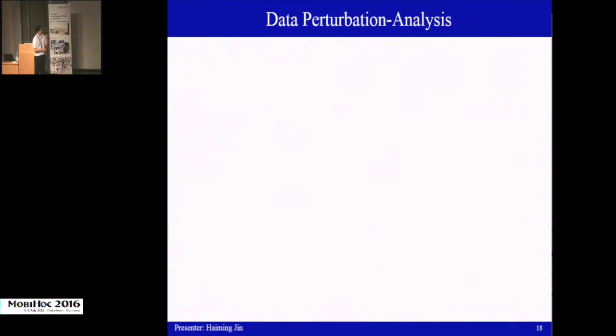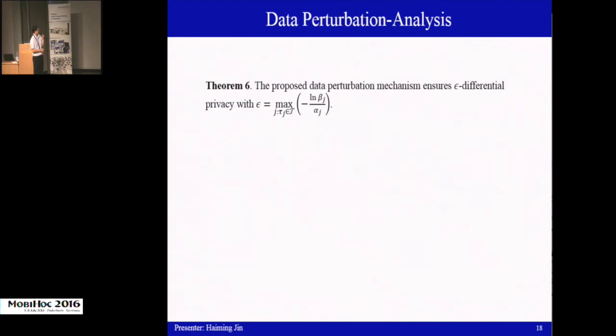So our results about the data perturbation mechanism are as follows. Firstly, we proved that the proposed data perturbation mechanism gives us epsilon differential privacy, with epsilon being the maximum among the values minus log beta j over alpha j.